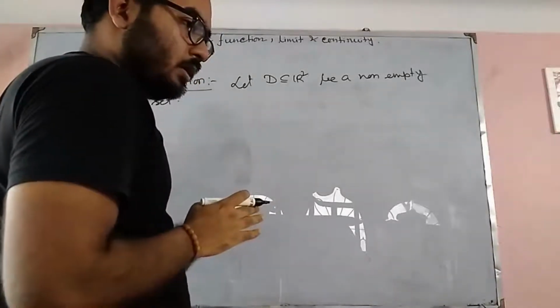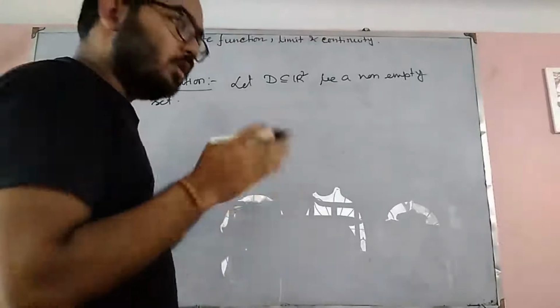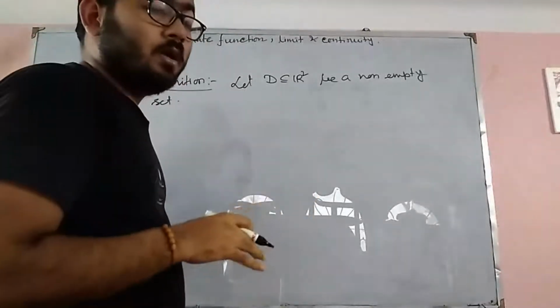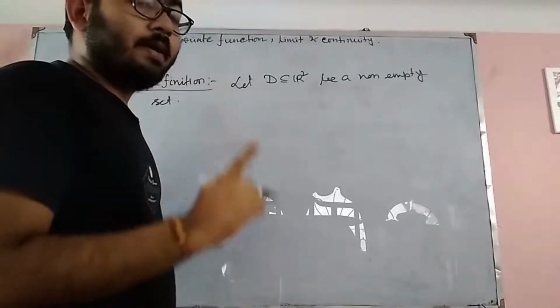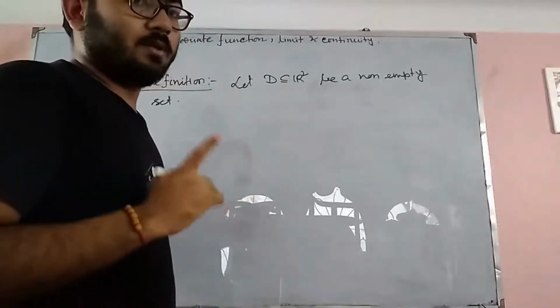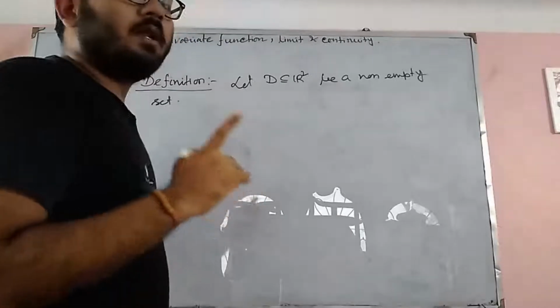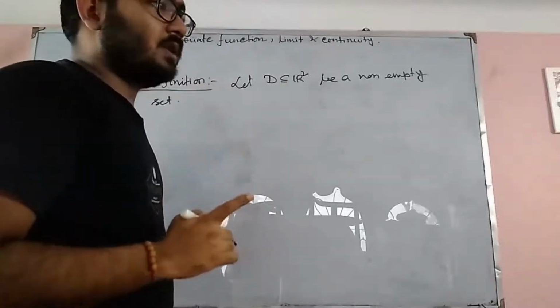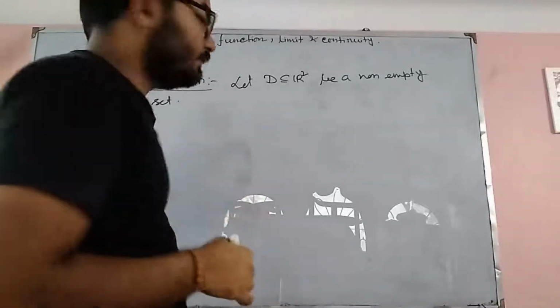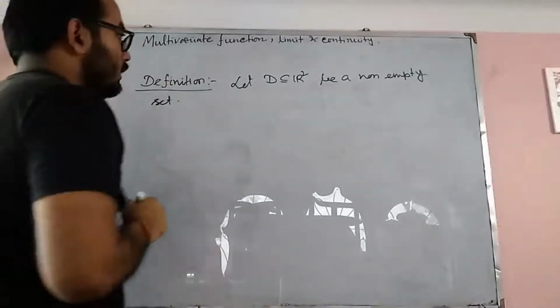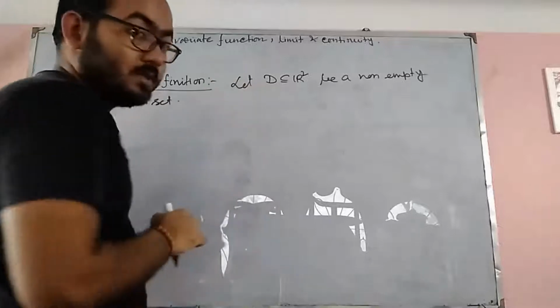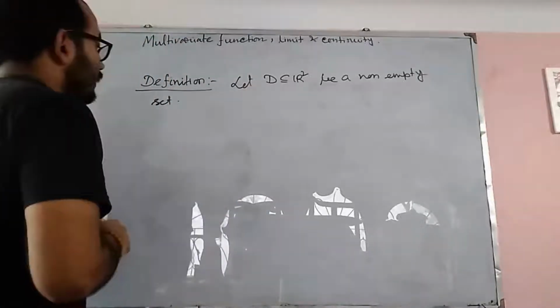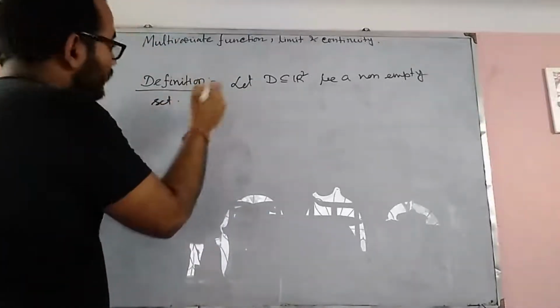Whenever you define a function, you have to remember that you have to take a proper domain for that function. Without defining the domain, a function is not valid. That is why I take here the domain D.